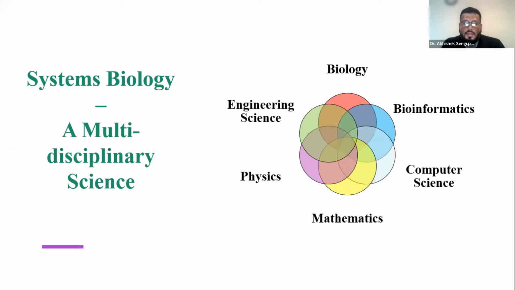Why is engineering science a part of it? If you see classical bioinformatics, we don't see engineering science concepts there, but in systems biology we do, because we use the concepts of networks, control theory, and system sciences. Even systems based modeling and simulation concepts have come from the engineering sciences.